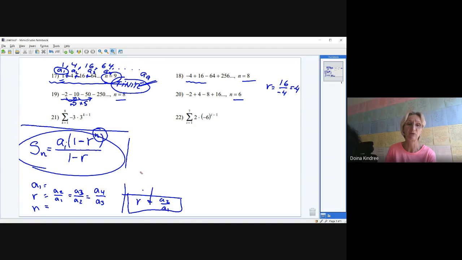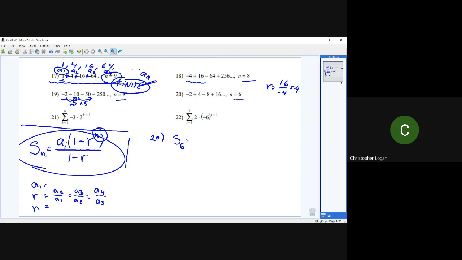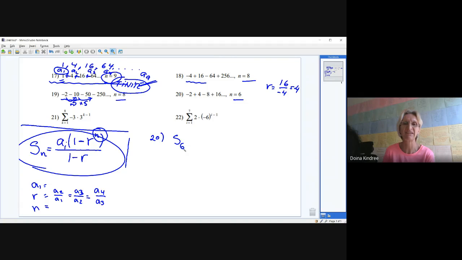Now I will just plug in the formula. You learned the lesson, now we're just practicing. So for 20, I need to calculate S6, correct? You see S subindex 6.